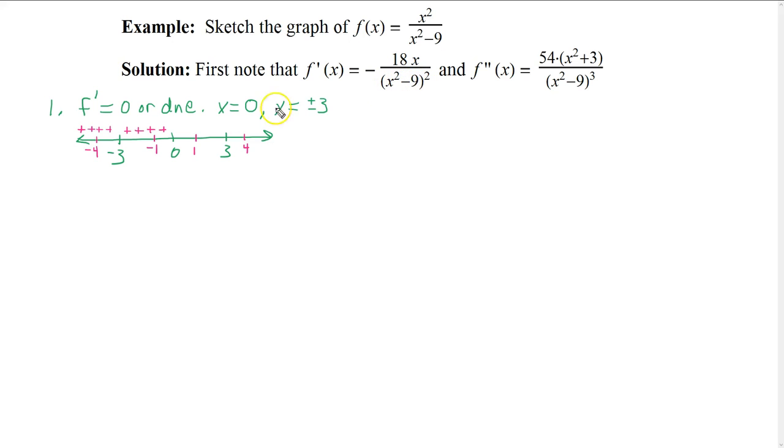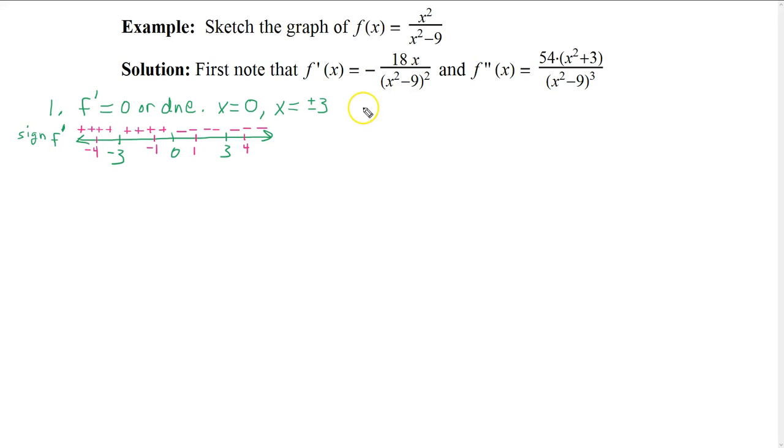Denominator is always positive, so we will be negative in here. And if we put 4 in, same thing. 18 times 4 is positive, but we have that negative out here, so negative. And this is where we are going to be increasing and decreasing. Remember, the pluses and minuses here represent the sign of f prime.